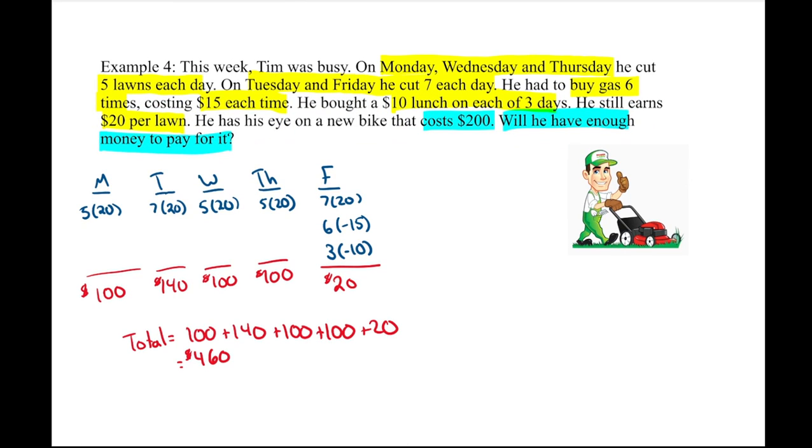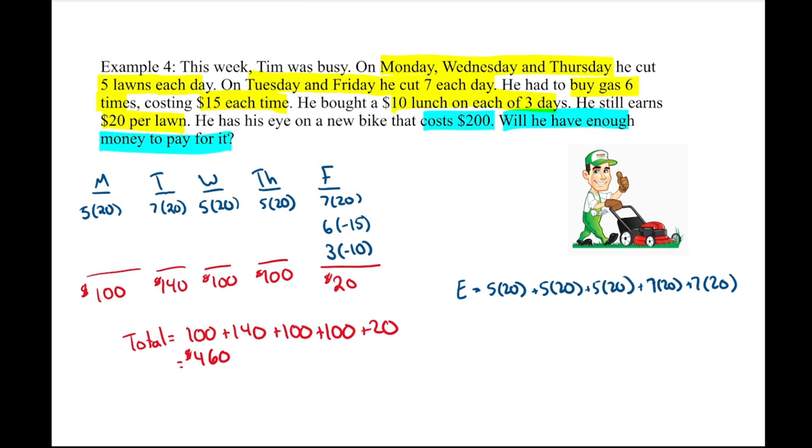The other way you could have done it, rather than sorting it out by each day, you could have just done it right as we read it. So total earnings will equal, well, he cut 5 lawns 3 days. So again, that's 5 times 20 plus 5 times 20 plus 5 times 20. On 2 days, he cut 7 each day, so that would be 7 times 20 plus 7 times 20.